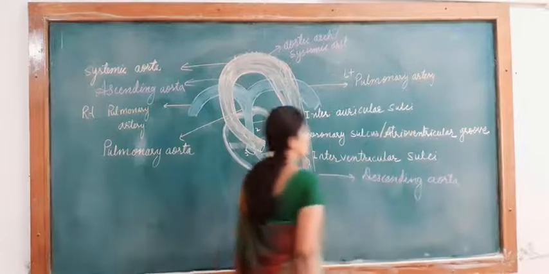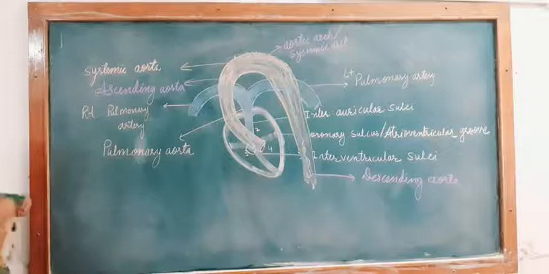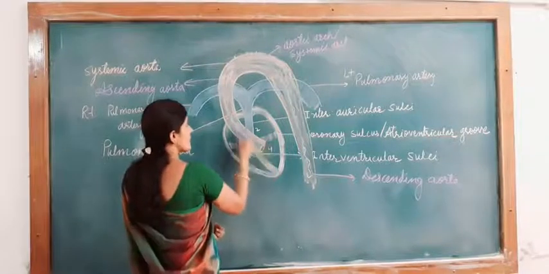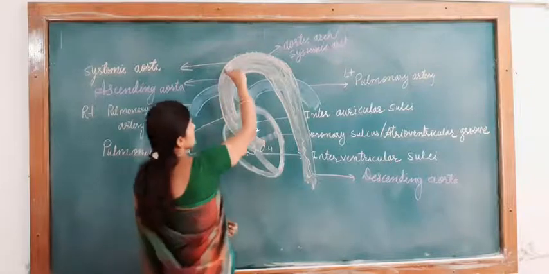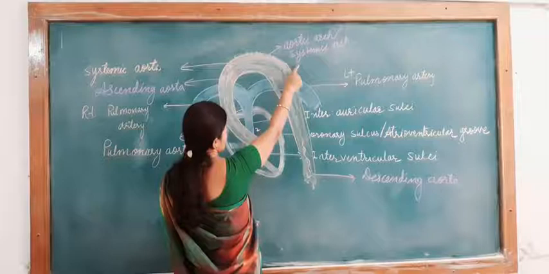So this systemic aorta is divided into three parts. One goes up, the ascending aorta, and one is curved here, an arc-like structure, the aortic arc or systemic arc.